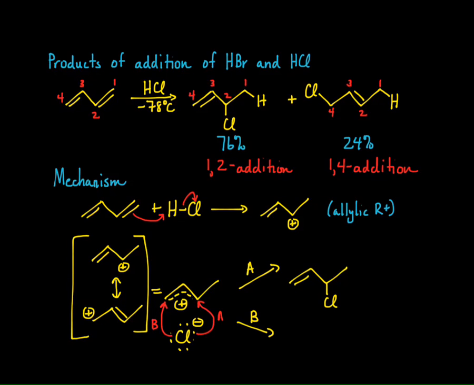But when I attack through pathway B, right, chlorine is attaching to that carbon, and the double bond goes to the other carbon. And this is how I produce my two products.